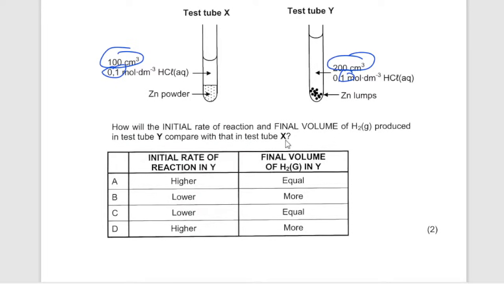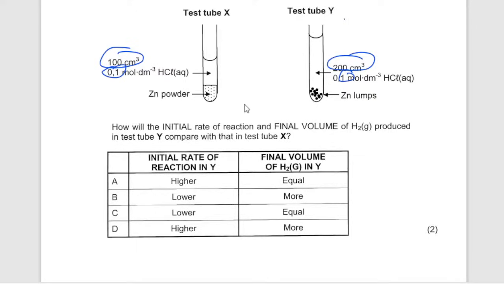So what will happen here? Initially, how will the initial rate of reaction and the final volume, because it's initial rate, produced in test tube Y compare to test tube X?